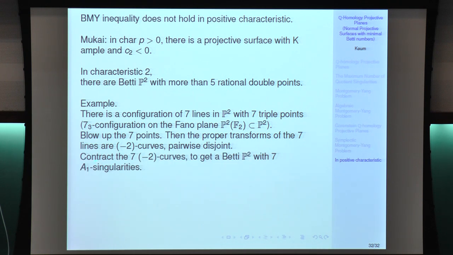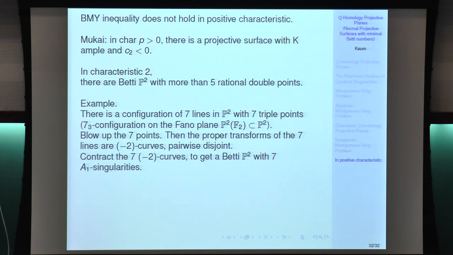And then you contract these 7 -2 curves to get the Betti P2 with 7A1 singularities. Well, this one violates this, but somehow you see in characteristic 2, this A1 singularity is not a quotient singularity.